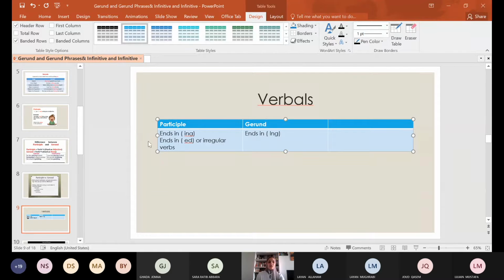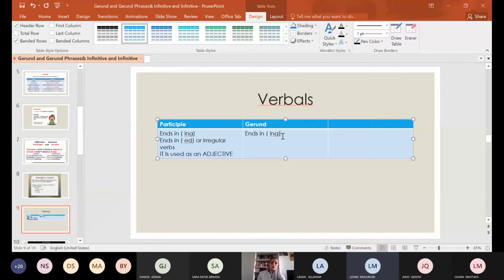Okay, how can I know the difference between this that ends in ing and this that ends in ing? Because both of them end in ing. How can I know? It is used as what, girls? Adjective. Yes, an adjective.